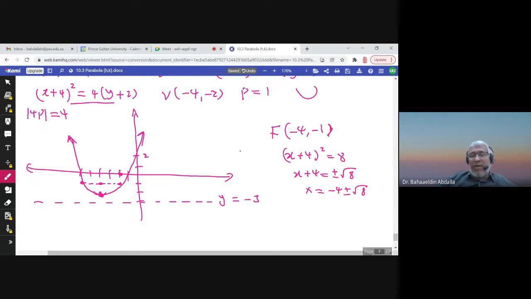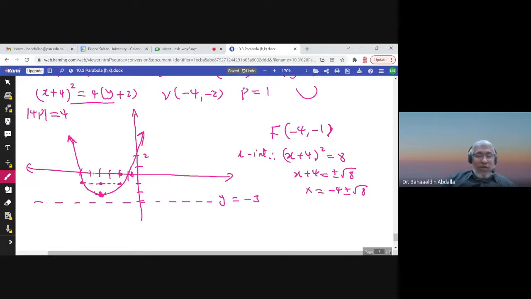These are the x-intercepts. Negative 4 plus square root of 8 is approximately negative 1 point something, so make this negative 1. And negative 4 minus square root of 8 would be negative 6.8.